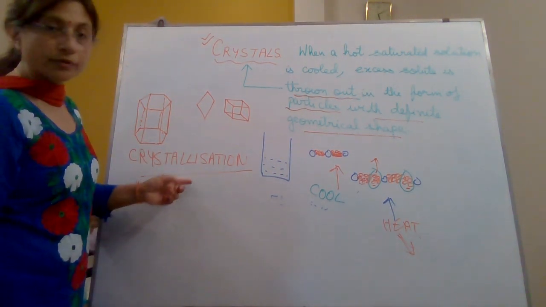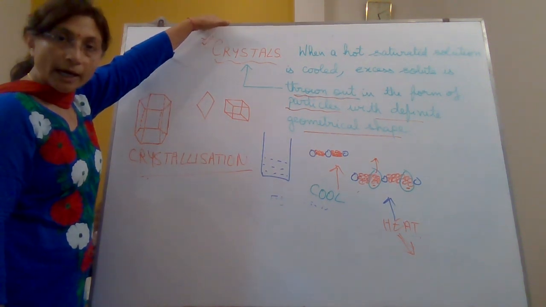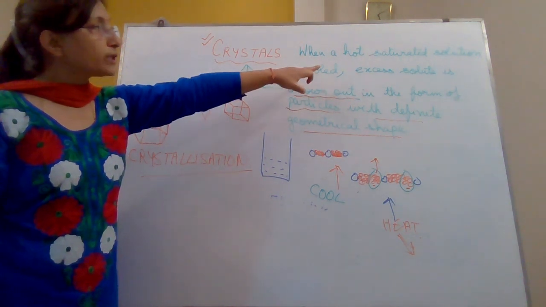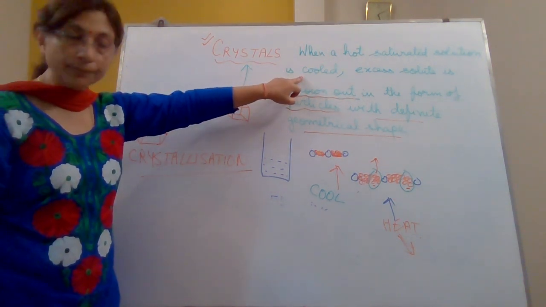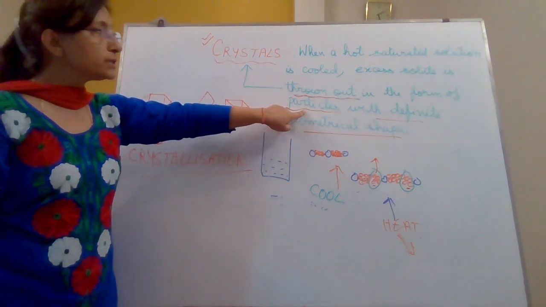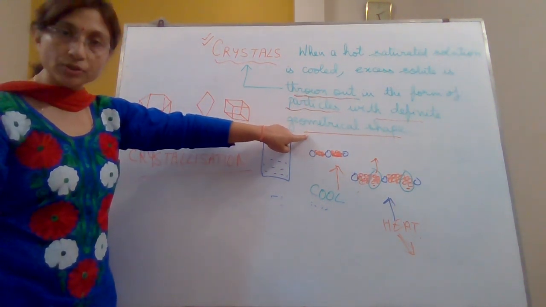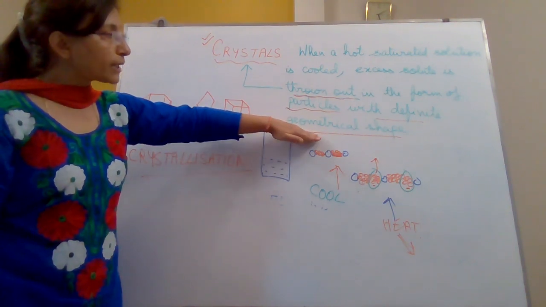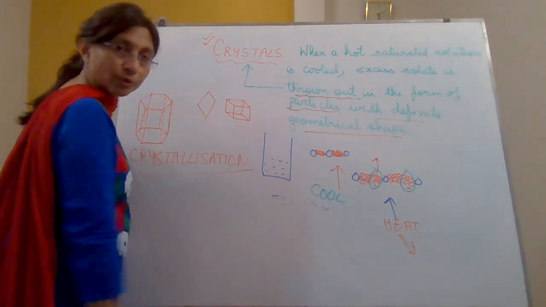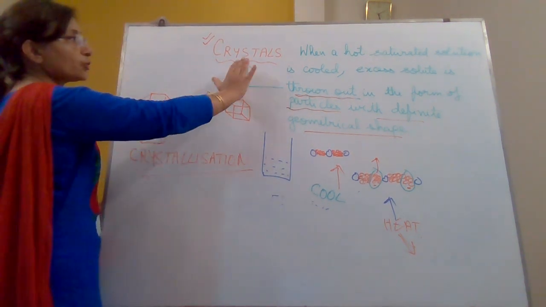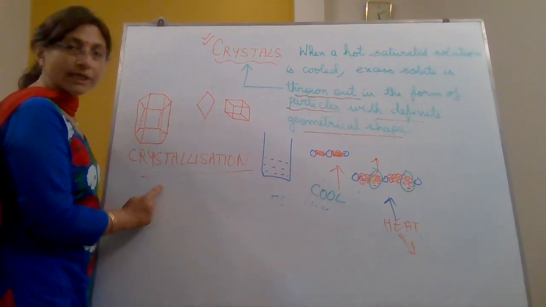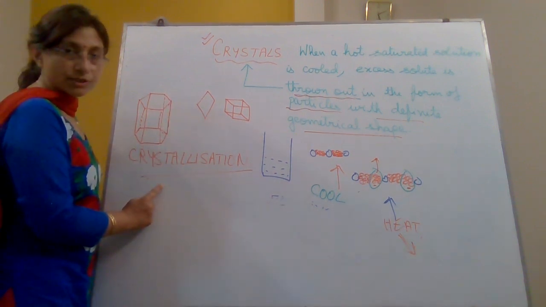Crystallization is the process of the formation of crystals. And what are crystals? Crystals are formed when a hot saturated solution is cooled and excess solute is thrown out in the particles with definite geometrical shape. और ये excess particles आए कहाँ से? ये आपको यहाँ से clear हो गया, ठीक है? So that is how the crystals are formed, and the process of formation of crystals is known as crystallization.